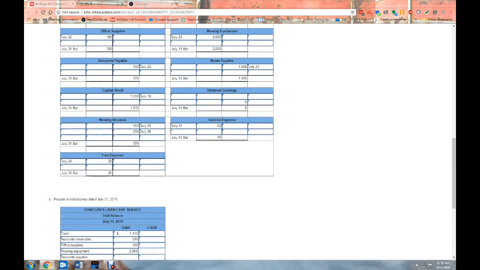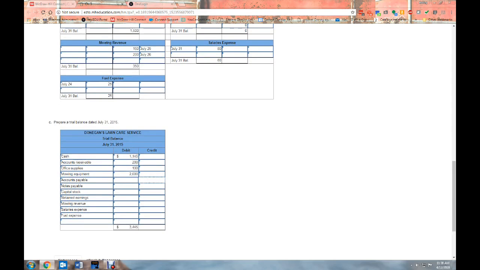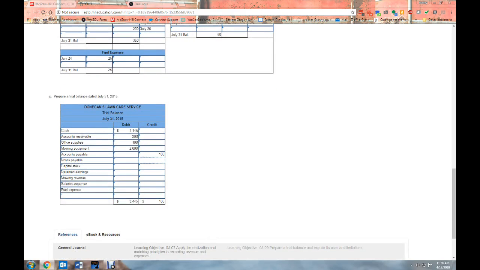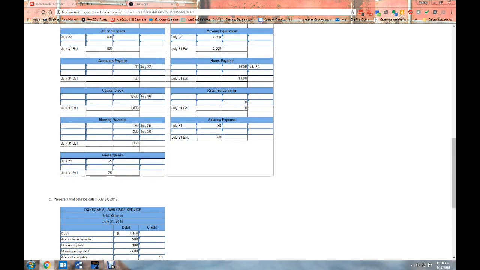Accounts payable, a $100 credit balance. Notes payable, a $1,600 credit balance. Capital stock, a $1,500 credit balance.